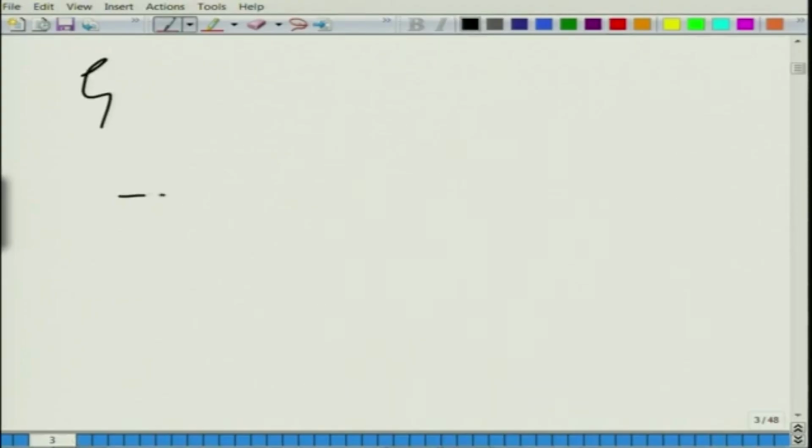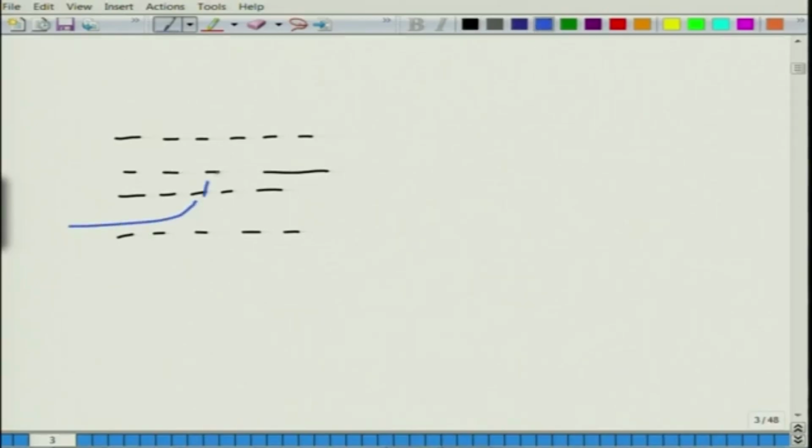Remember, cross flow was something like this. You have your overlapping sections, and the flow was coming and it was forced to go like this, enter the cavity here, and then go on. It was something like this kind of a muffler.